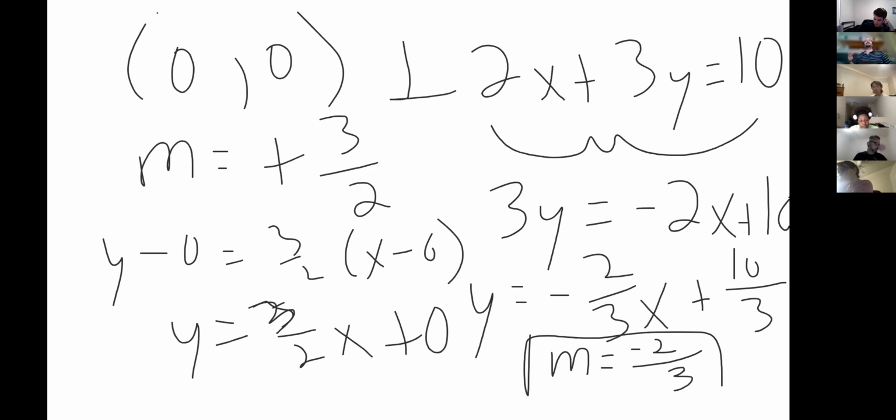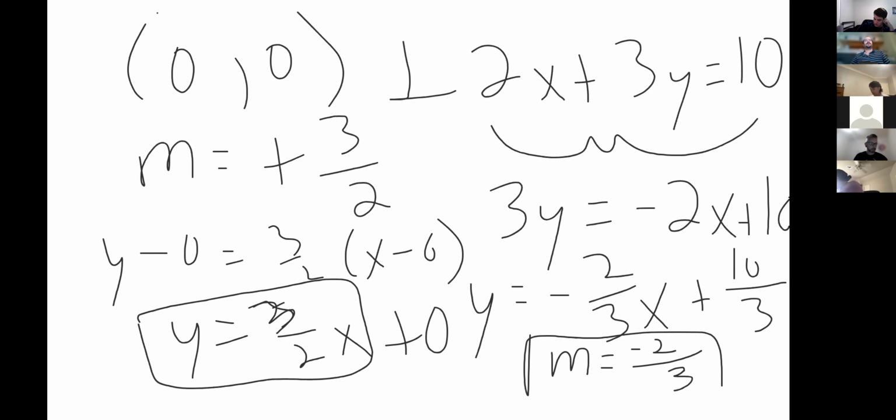You've got to flip it and negate it. It should just be y equals 3/2 x. If you told me it was y equals 3/2 x plus 0, because you wanted to throw that intercept in there, I wouldn't count any points off. But we can clean it up a little bit.